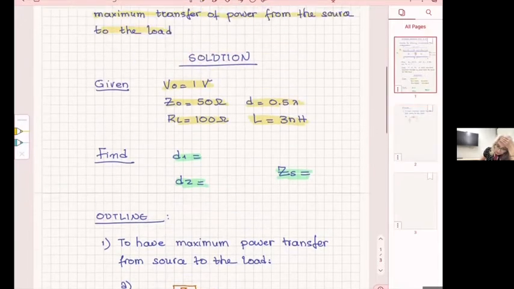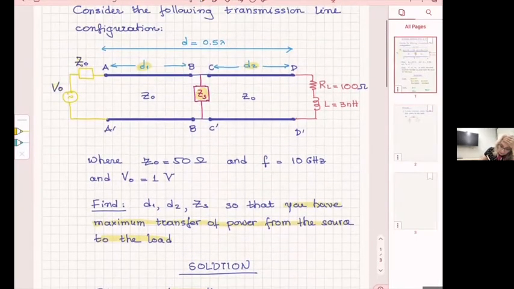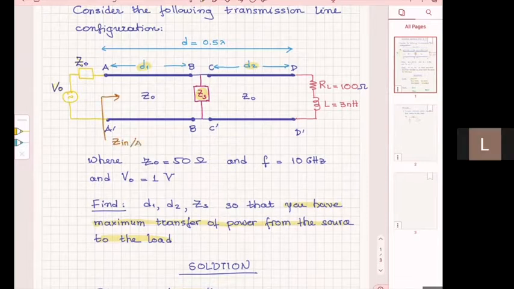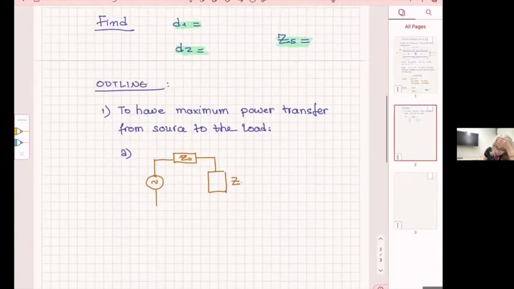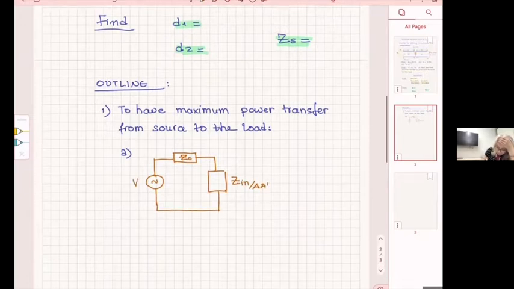And this impedance that is going to be presented by the line is nothing else but the input impedance here. Do you agree with that? Yes. Okay. So practically this is what the source is going to see. Okay, so that is the source.